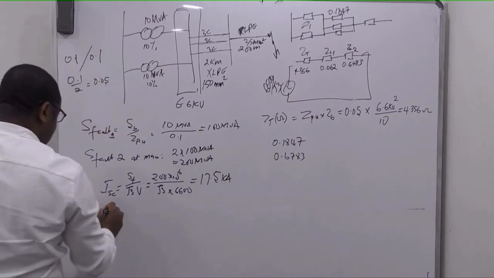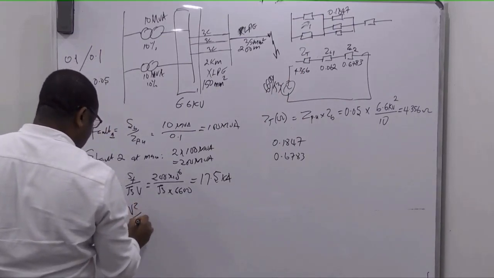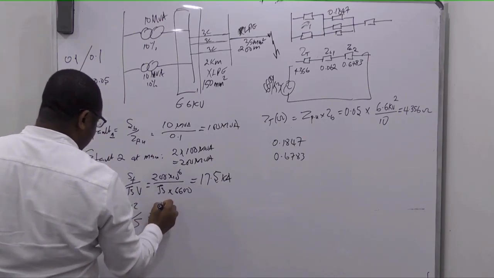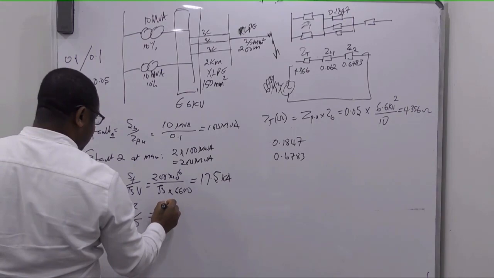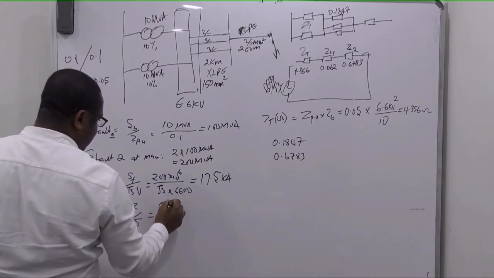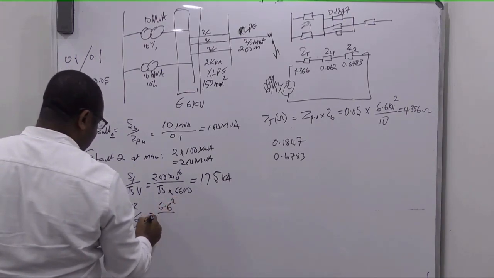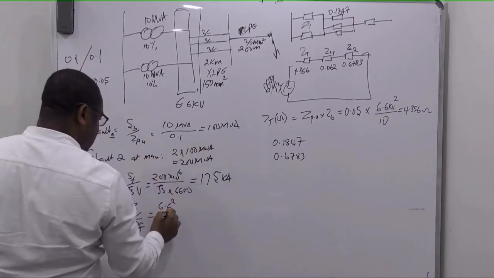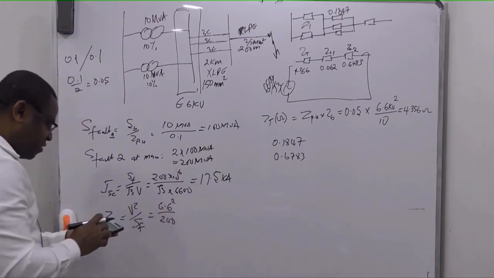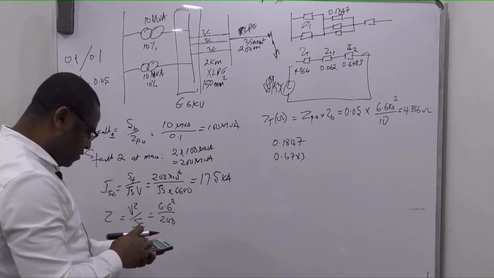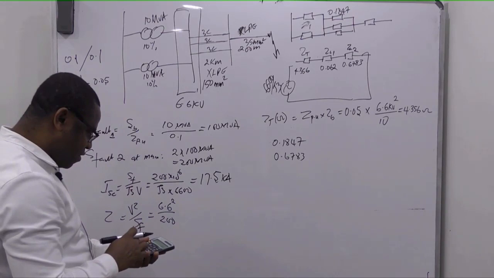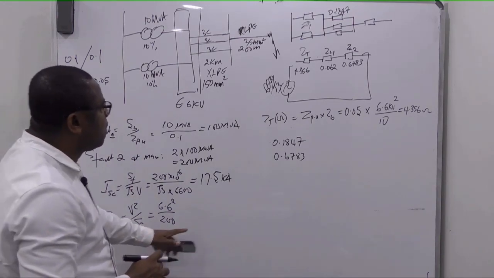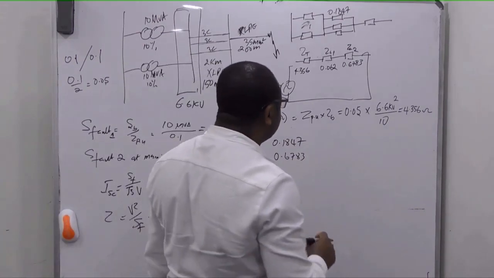Let me say that is V squared over S, V 6.6 squared. If I put S fault, I got S fault to be 200. Just to make sure it's okay, 6.6 squared divided by 200, so 0.2. So there's a problem somewhere here.